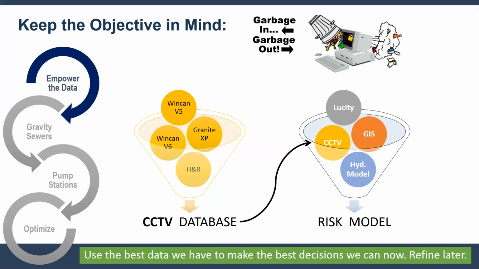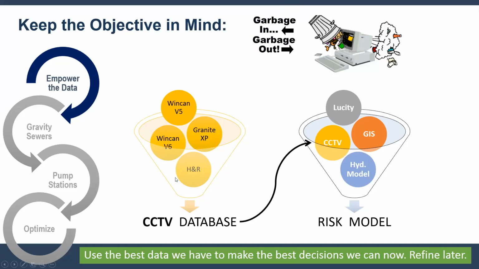So I put some green bars here down at the bottom, which are just pieces of wisdom, I guess, that I'd like to pass on. But while I say garbage in, garbage out, I want everyone to remember that the data doesn't have to be perfect. We use the best data we have to make the best decisions we can, and we can always come back and refine it later.